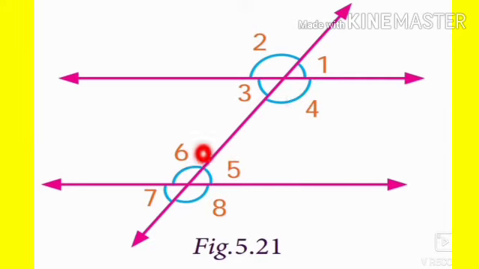So 6, 3, 4, 5 are the interior angles, and 6 and 4 are opposite to each other, so 6 is alternate interior to angle 4. Angle 4 is alternate interior to angle 6.